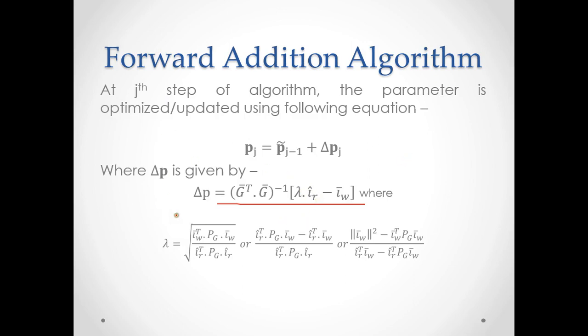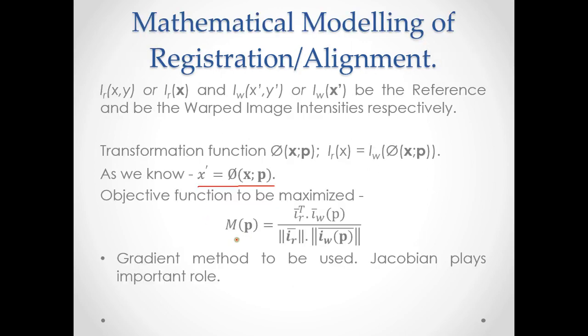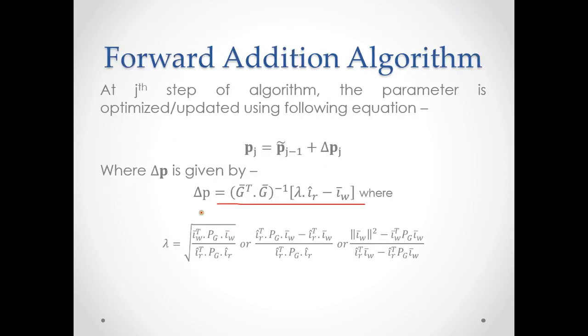By maximizing this objective function, which is nothing but taking the differential with respect to p, we get delta p as this one, which depends on lambda. Lambda can be any of these three, which has been deduced in detail in the theory or in the project report, you can see.